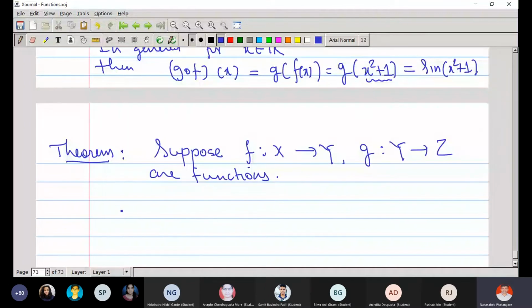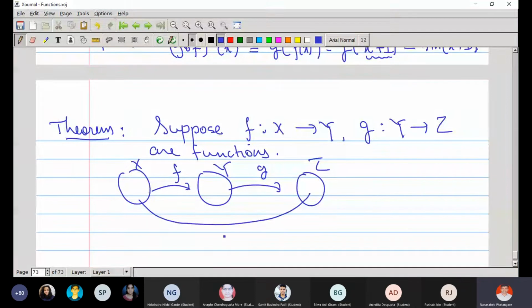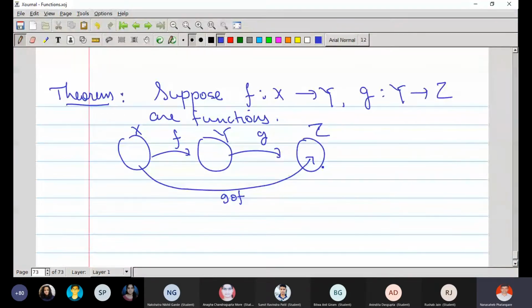This is set x, this is set y, this is set z. This is f, this is g, and now we are interested in g composite f directly from x to z. Now, what can be the questions which we can study? You should be able to raise the questions. What questions can we probably study about the composition function?